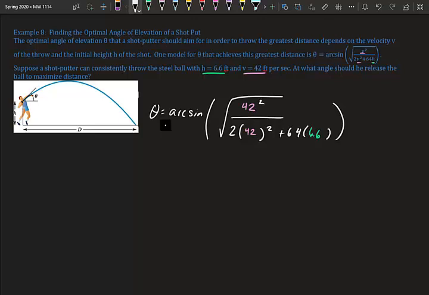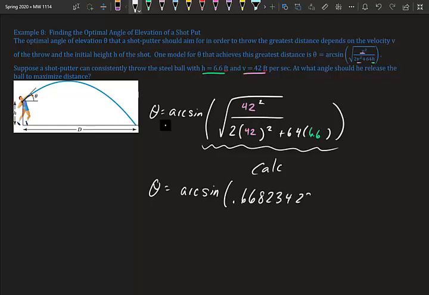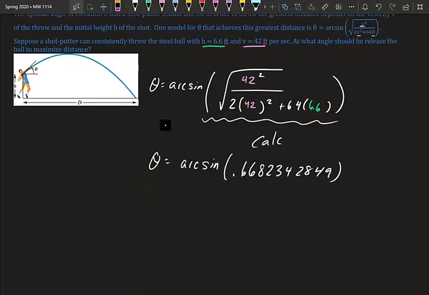Plug this into your calculator, and you will get theta equals arc sine 0.6682342849. Make sure you're in degree mode.